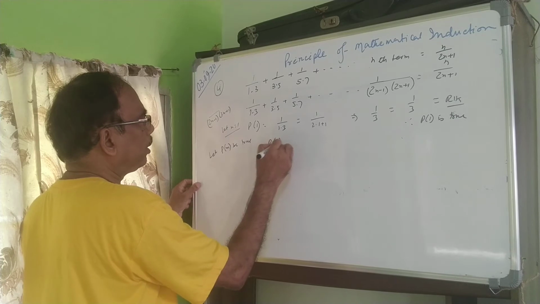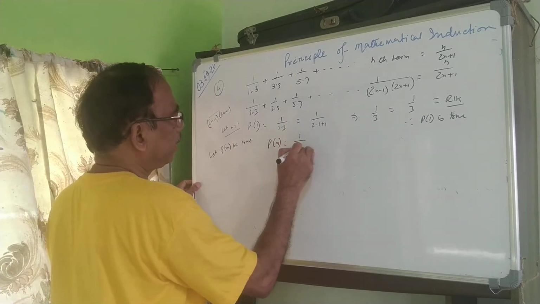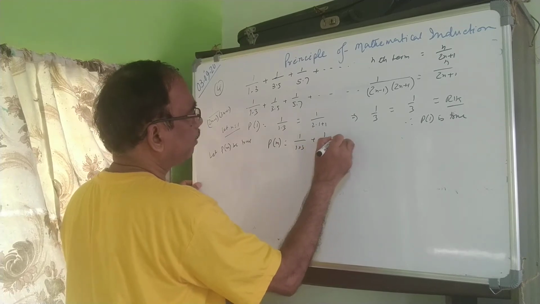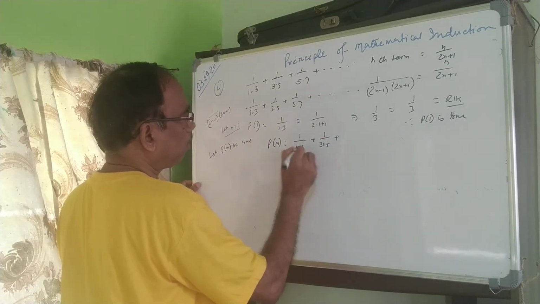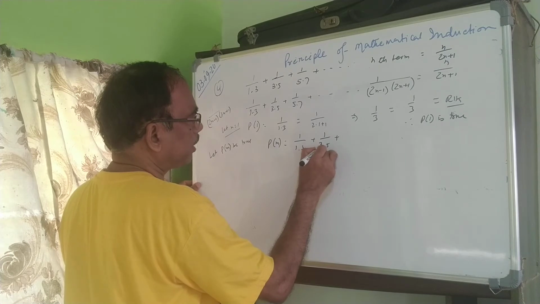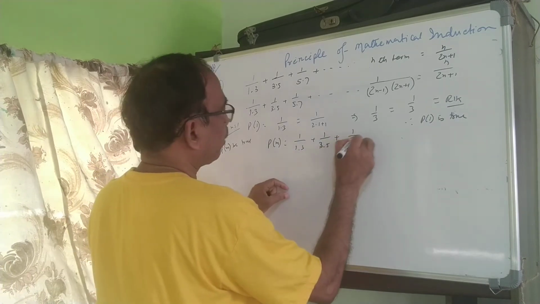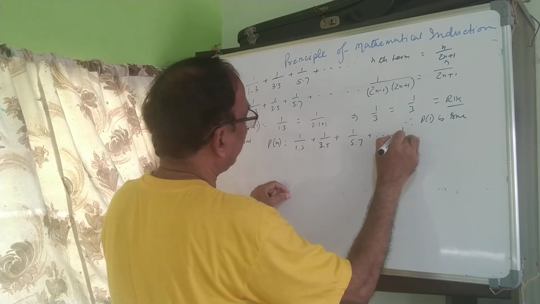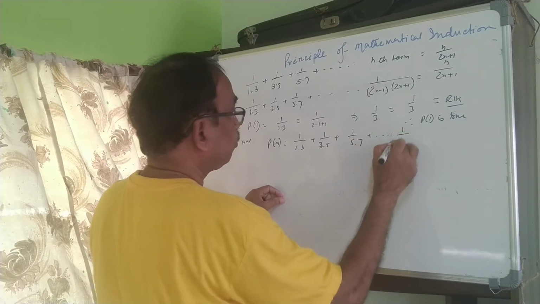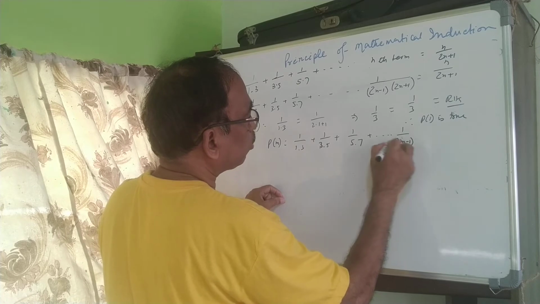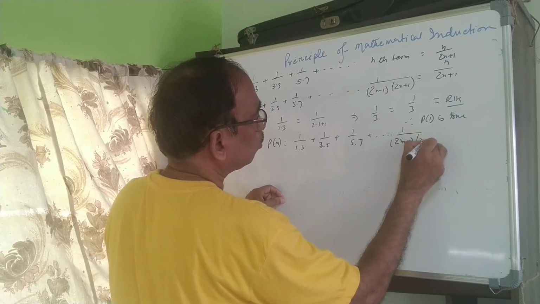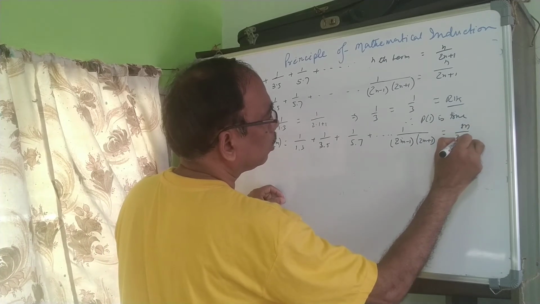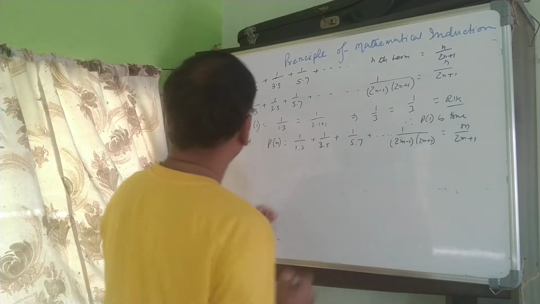Then Pm equals 1 into 3 plus 1 by 3 into 5. You can write dot also, no problem. This dot means into. Plus 1 by 5 dot 7 plus dot dot dot plus 1 by (2m minus 1) into (2m plus 1) equals m by (2m plus 1).